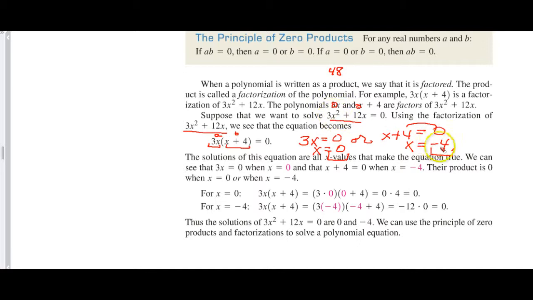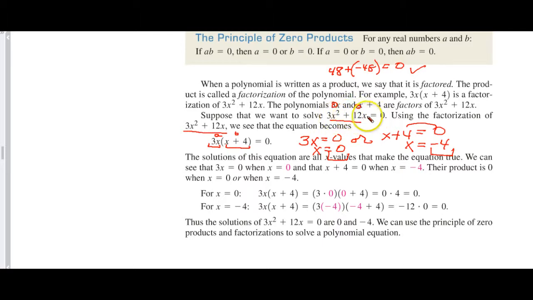So this, with a negative 4 in there, is a positive 48. Plus, a negative 4 times 12 is a negative 48. And does that equal 0? Yes, it checks.